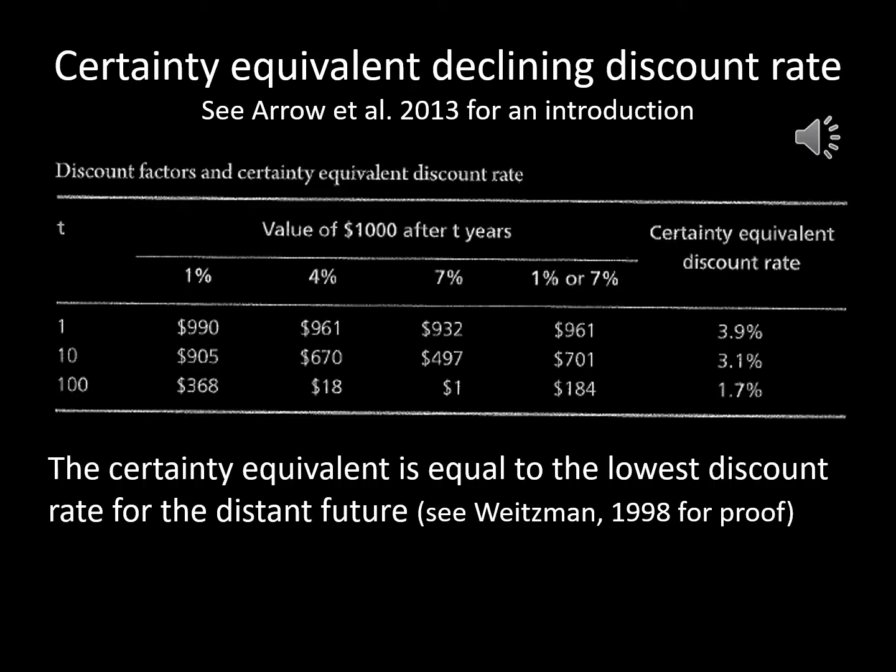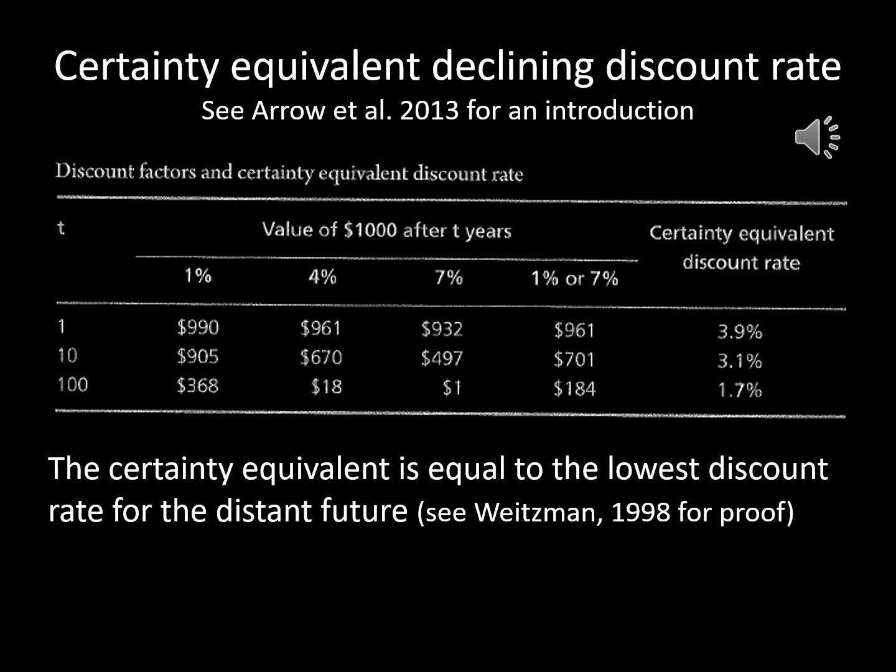Before turning to the social cost of carbon, let me briefly illustrate why uncertainty about the appropriate discount rate would be reason to adopt a certainty equivalent discount rate that decreases for outcomes further away in time.